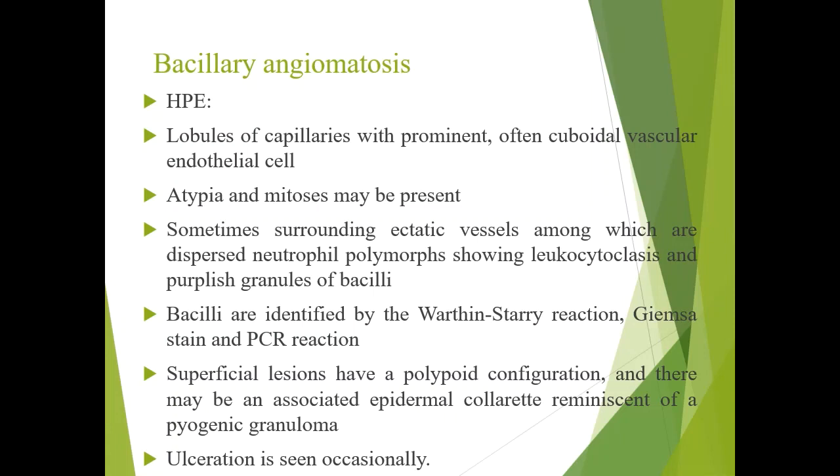Atypia and mitoses may be present, sometimes surrounding ectatic vessels, among which is dispersed a neutrophilic infiltrate showing leukocytoclasis and purplish granules of bacilli. Bacilli are identified by Warthin-Starry reaction, Giemsa stain, and PCR reactions. Superficial lesions have a polypoid configuration and may be associated with an epidermal collarette, reminiscent of pyogenic granuloma. Ulceration is seen occasionally.